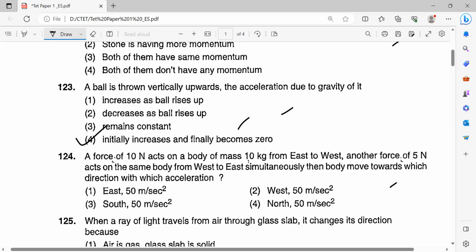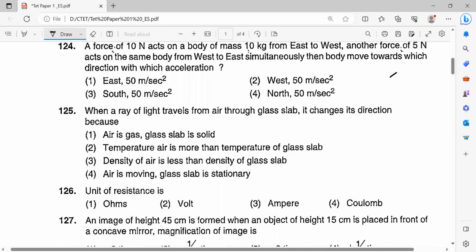Next. When a ray of light travels from air through a glass slab, it changes its direction because: option 1, air is gas and glass slab is solid; temperature of air is more than temperature of glass slab; density of air is less than density of glass slab; air is moving, glass slab is stationary.